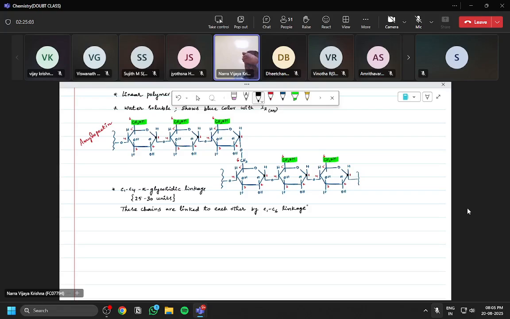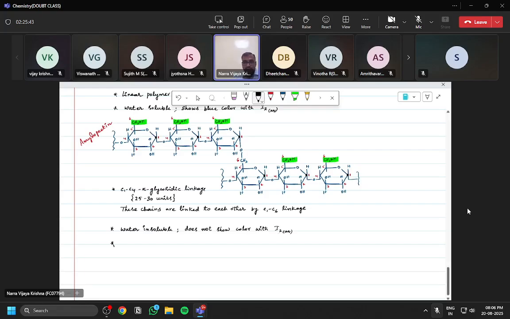Now, because of this polymeric, complex form, this is water insoluble. If I heat, the C1, C6 linkages break and it becomes amylose and water soluble. Otherwise it is water insoluble and does not show color with iodine.